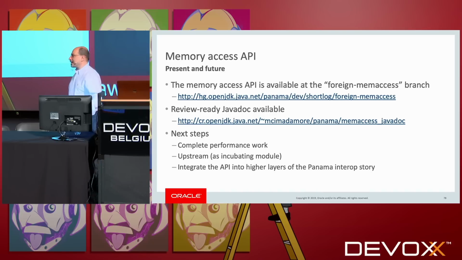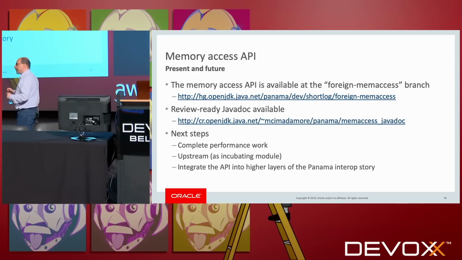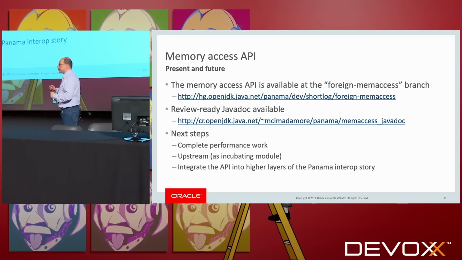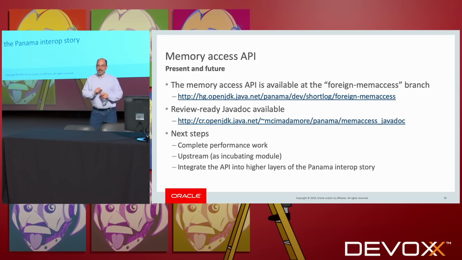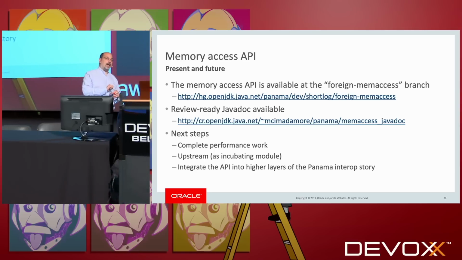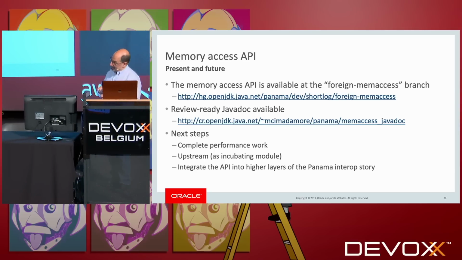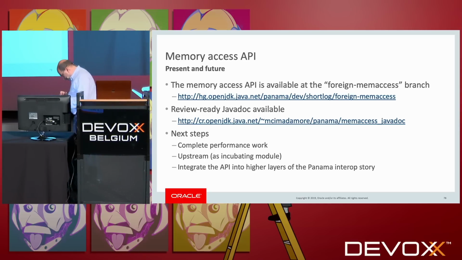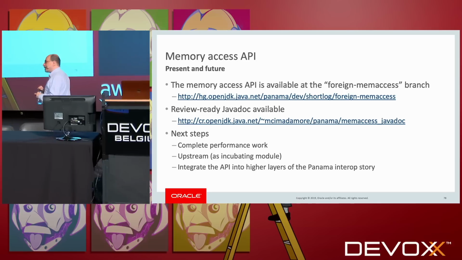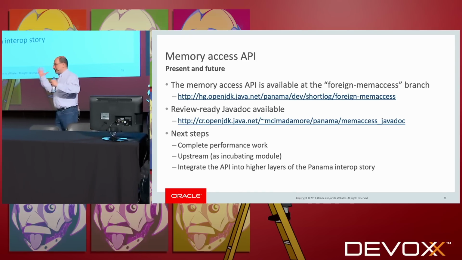Question, probably the last question. My question is related. So what if there's no direct match of the data types? Just to define the layout in terms of bits? So the question is, what if my data type isn't an int, a long, a char, a byte, or one of those things? Yes, you can describe a number of bits, and then you have to deal with it on your own.